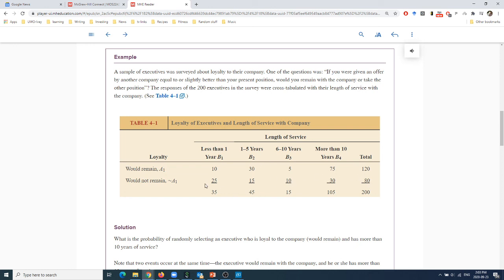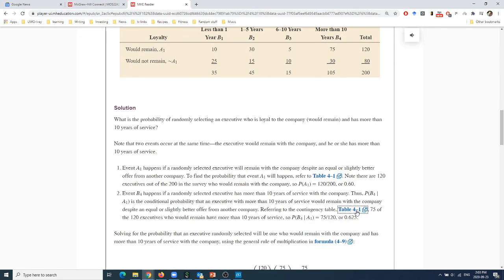All these things are given. Now, what's the probability of randomly selecting an executive who's loyal to the company and has more than 10 years of service? Has more than 10 years of service, 75, and is loyal to the company, that means would remain. So that's 75 divided by 200.